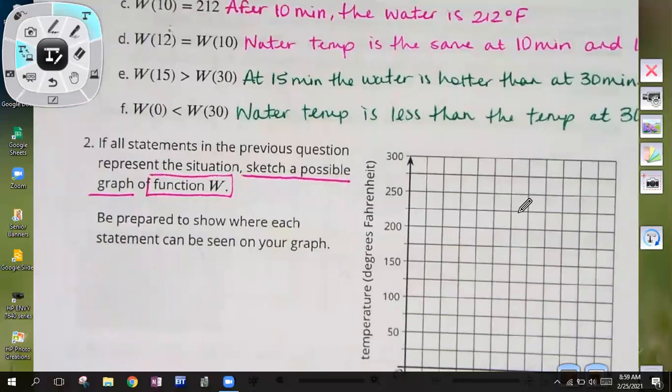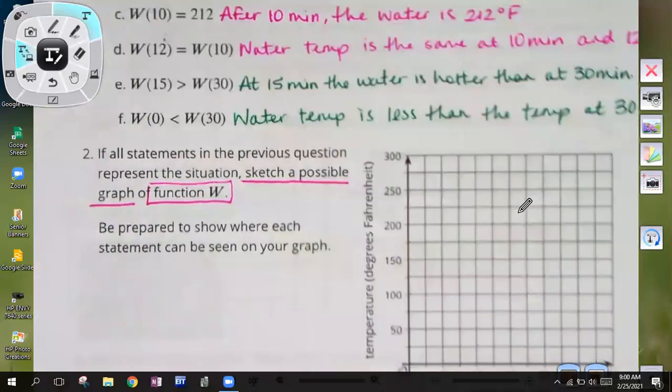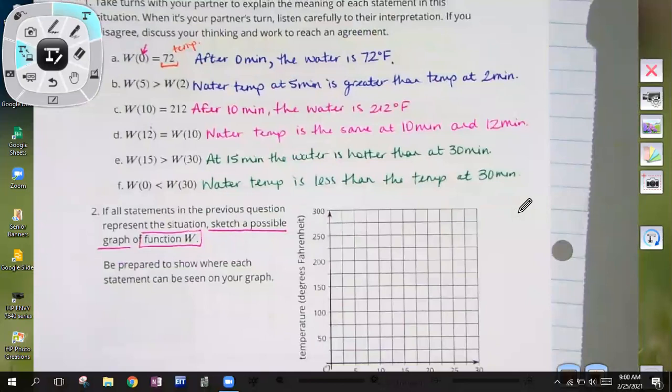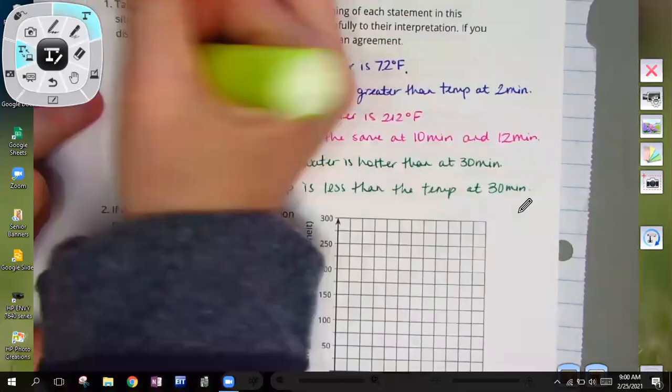Now this part is going to challenge your brain a little bit, which is an okay thing. When I'm graphing function notations, I like to start with the points that have an input and an exact output, like A and C.